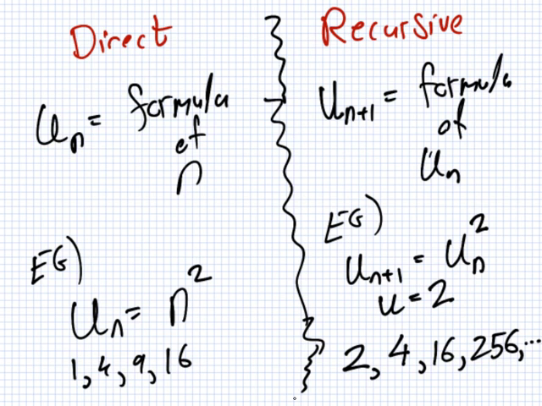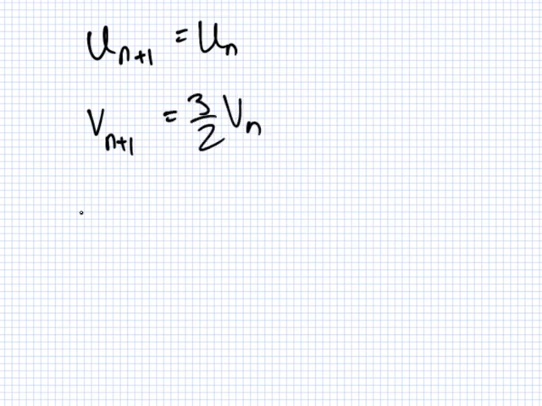Yes, okay. So, let me give you 3 sequences. u n plus 1 equals u n, v n plus 1 equals 3 over 2 v n, and w n equals minus 7 plus 4 over v n minus 1.